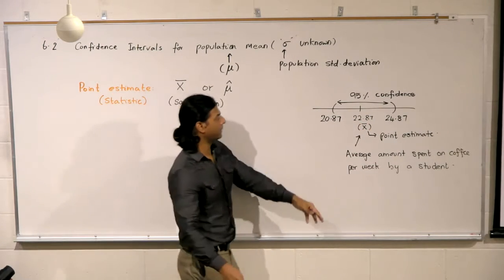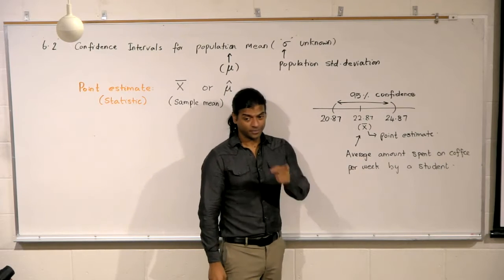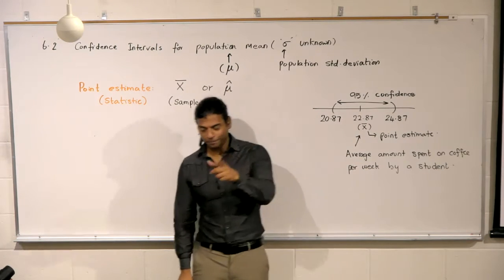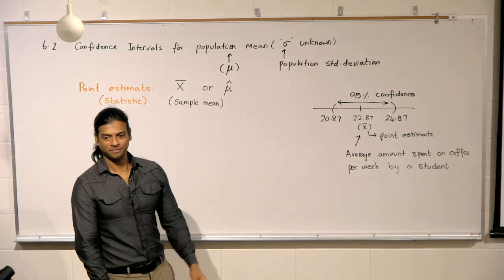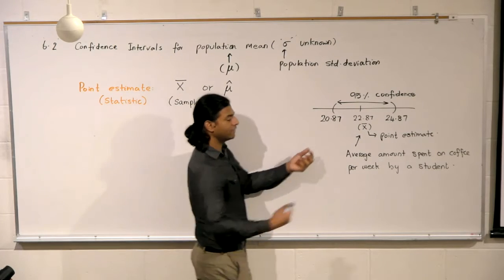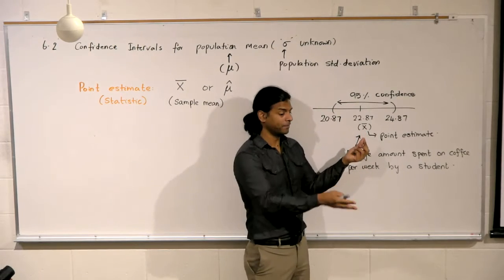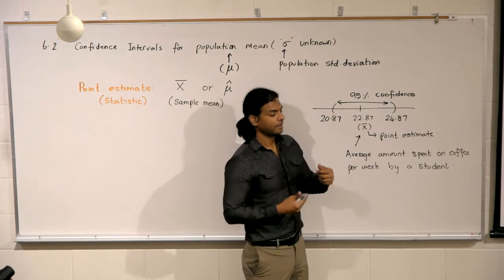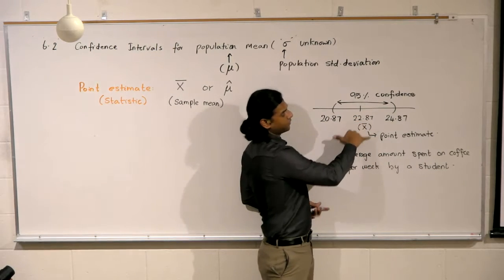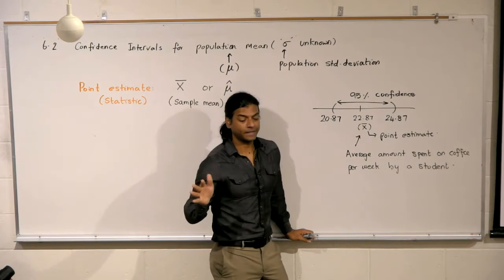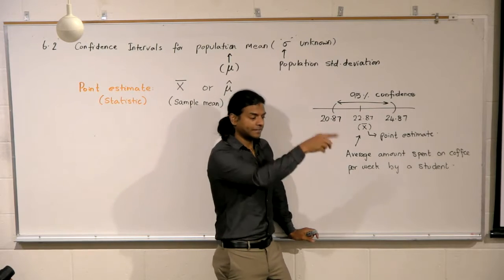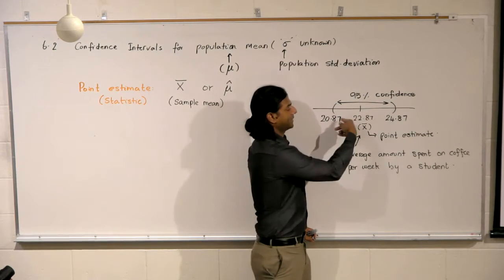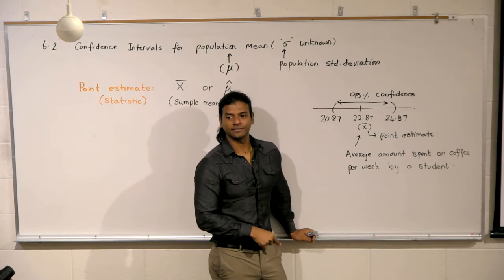And the person asks, are you 100% certain? Would you bet your life on this? I wouldn't. Because if they went and collected a different sample, this is going to change. But if I have an interval of this sort, I could simply say, I'm about 95% confident that if you went and collected another sample, it is going to fall between those two values.